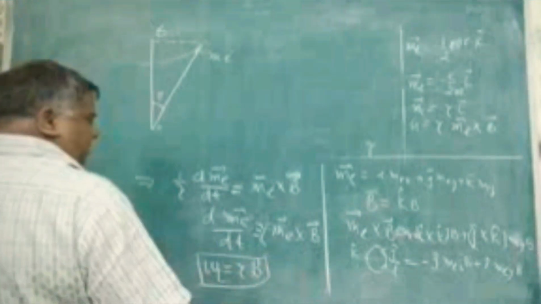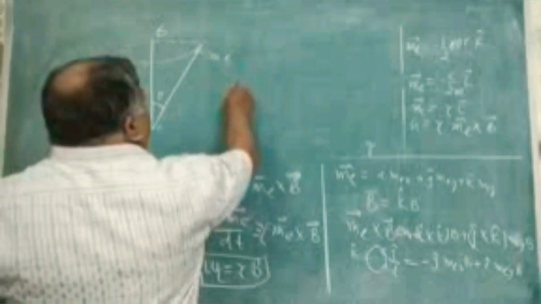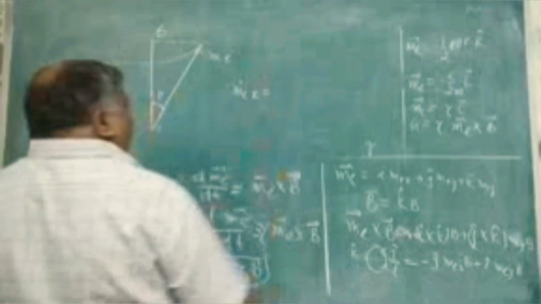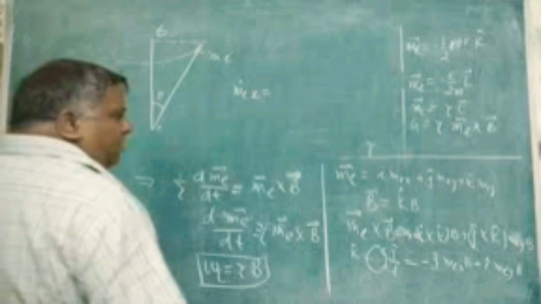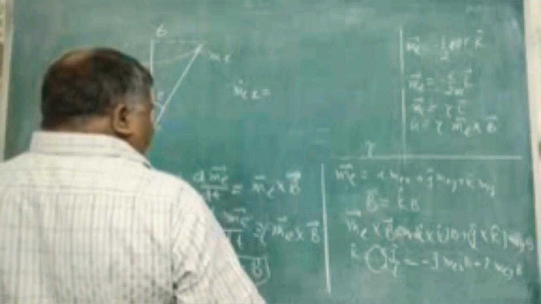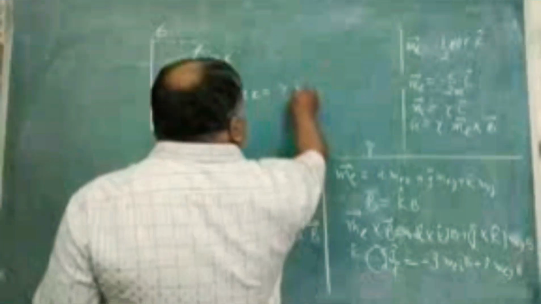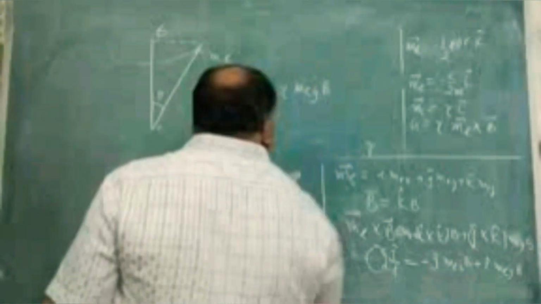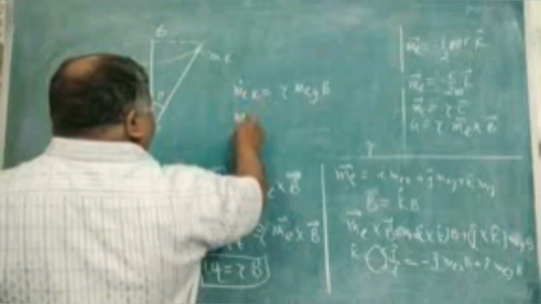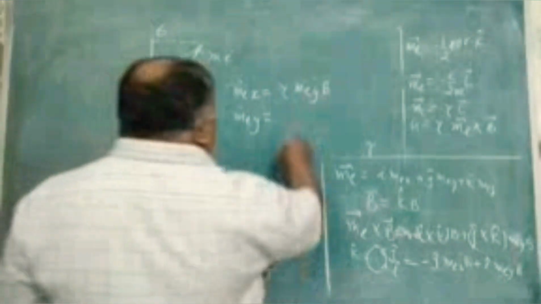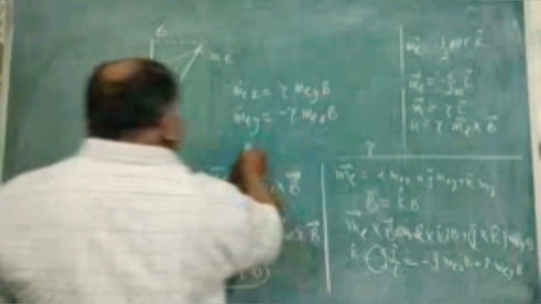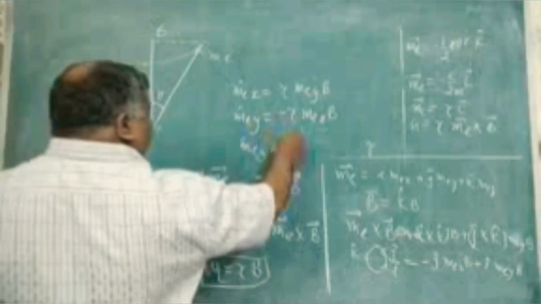So if you compare the components from this side, you have m_lx dot is equal to gamma m_ly B. Similarly, we have m_ly dot is equal to minus gamma m_lx B, and m_lz dot is 0.